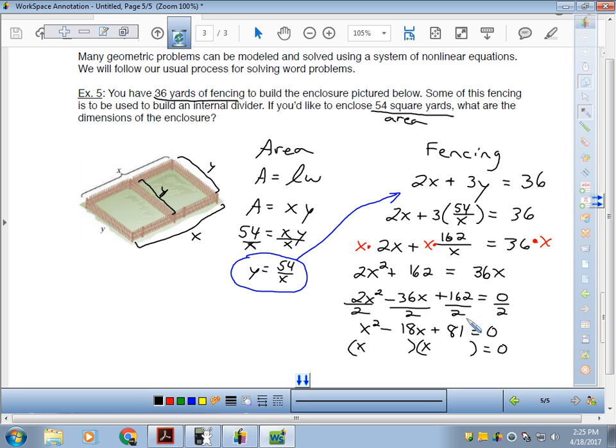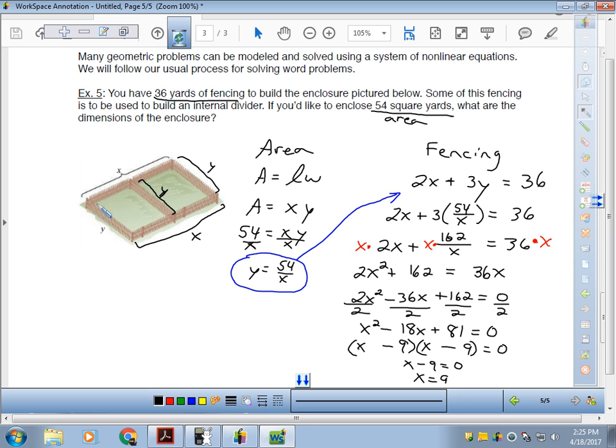Yep, it's going to be 9 and 9. So they could do negative 18 in the middle, that's going to be a 9, that's going to be a 9, and then both of those have to be negatives. It turns out they're both the same, so we could say x minus 9 equals 0. Move the 9 over, we get x equals 9. So there's one of our dimensions.